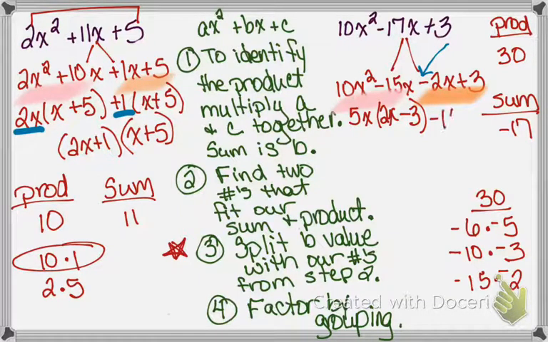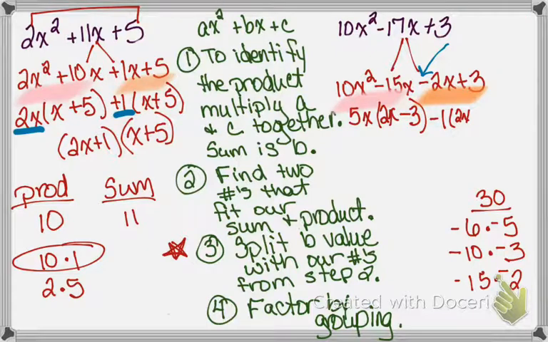But if we don't pull that -1 out, I need a bigger screen. 2x minus 3. Okay, if I don't pull that -1 out and I just pull 1 out, I get negative 2x plus 3. Is negative 2x plus 3 the same as positive 2x minus 3?